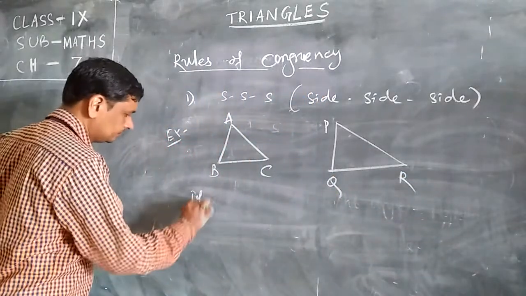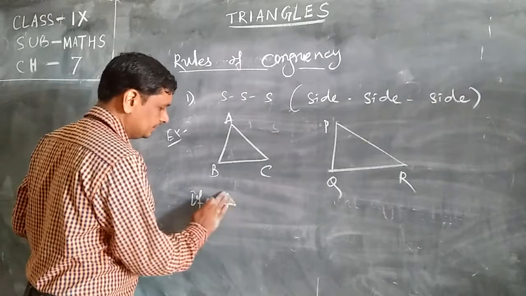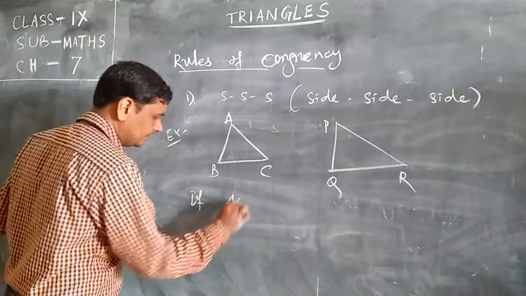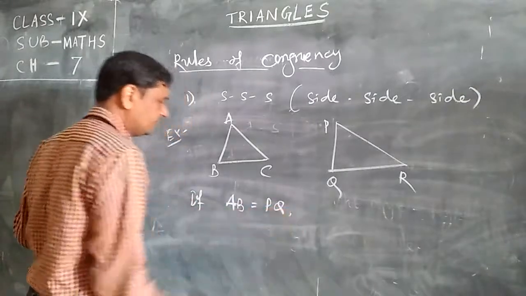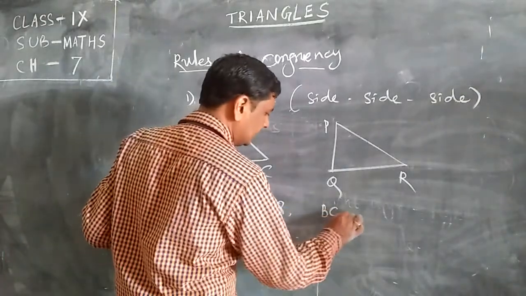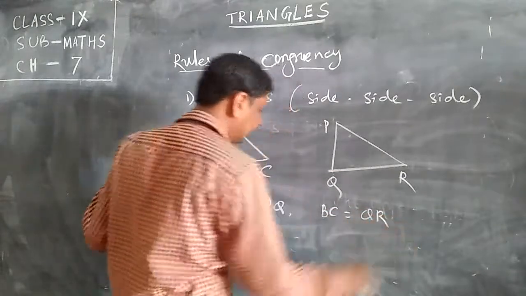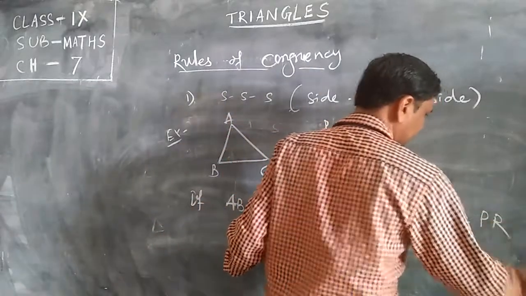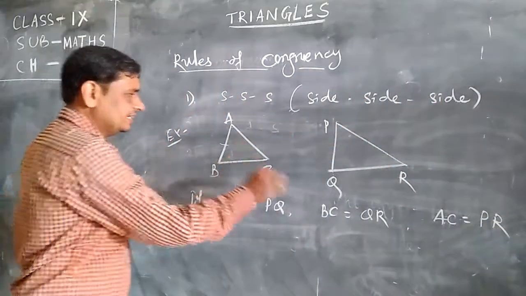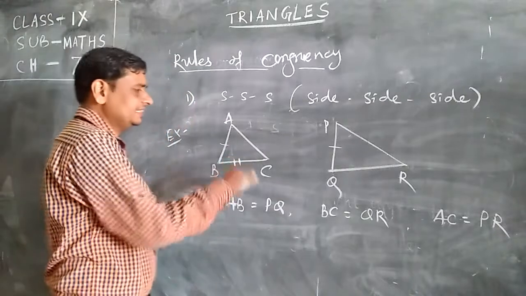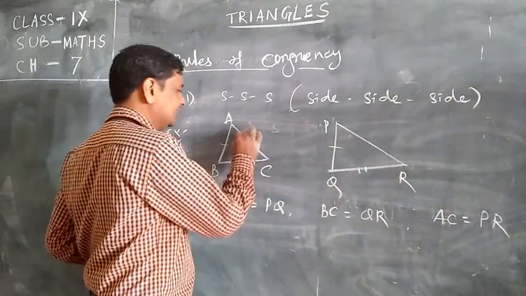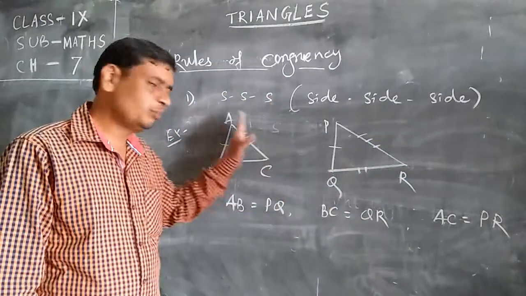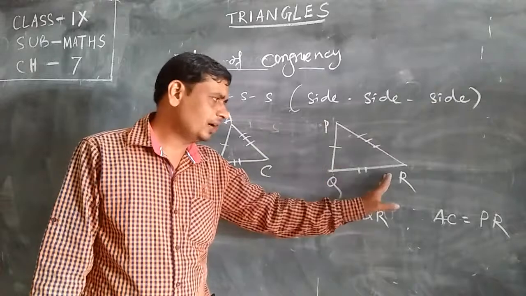If side AB equals side PQ, side BC equals side QR, and side AC equals side PR, then the corresponding sides of both triangles ABC and PQR are equal.